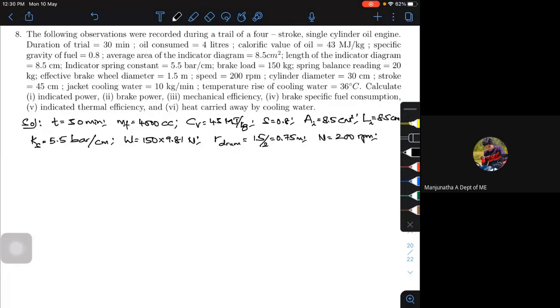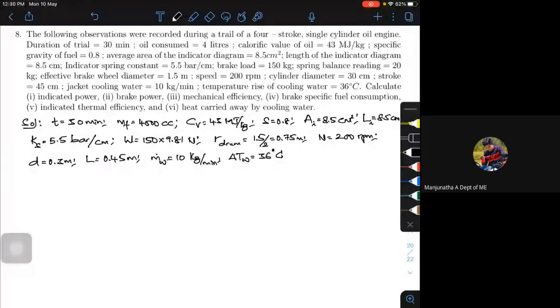Bore diameter is 0.3 meters or 30 centimeters. Stroke length is 45 centimeters or 0.45 meters. Then mass flow of water in the cooling jacket, m dot w, is 10 kg per minute. Then temperature increase of the water, delta T w, is 36 degrees Celsius.